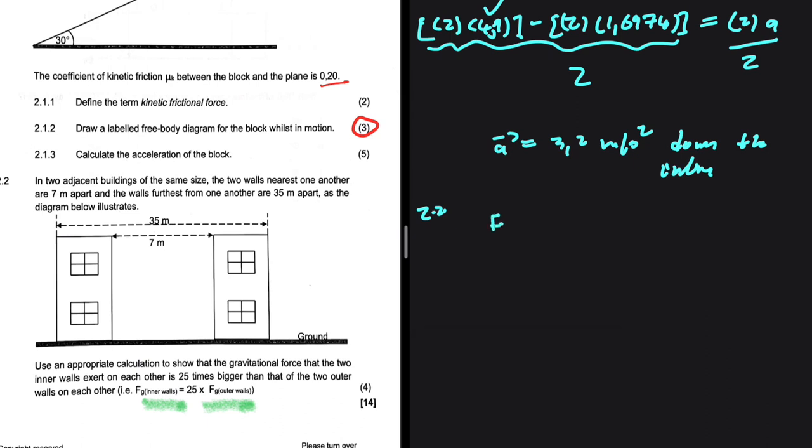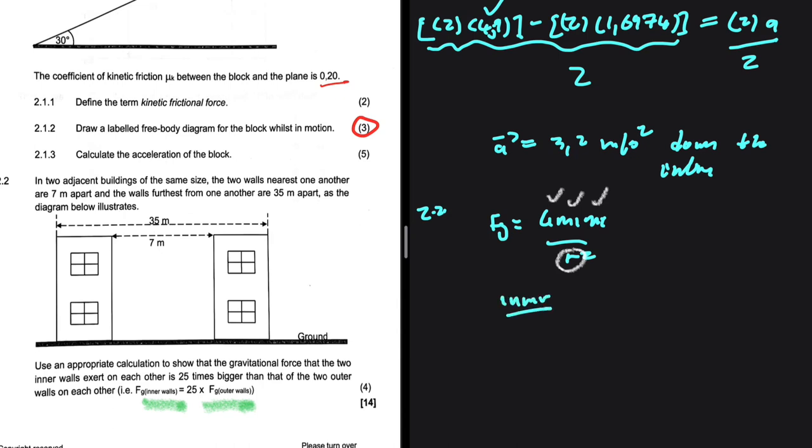Let's start there. Fg is equal to G m1 m2 divided by r squared. So everything else is constant except for the distance between the two walls. So that is the only variable we are changing. Let's start with the inner walls.